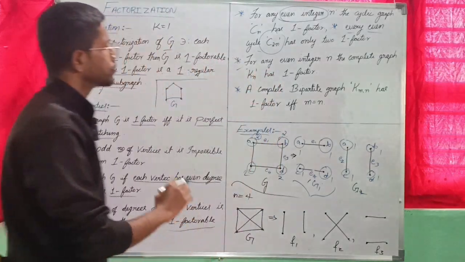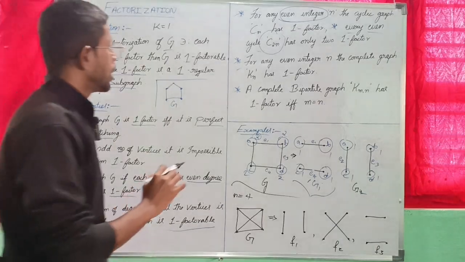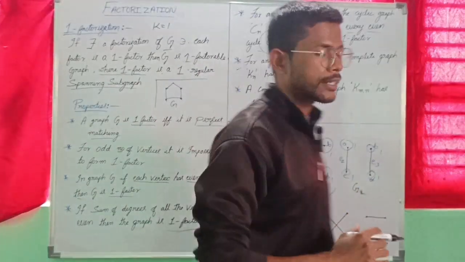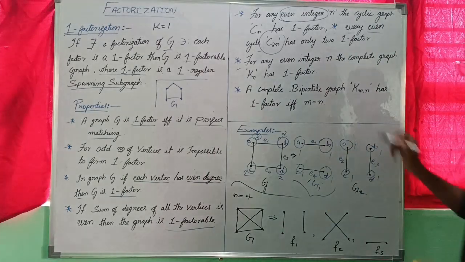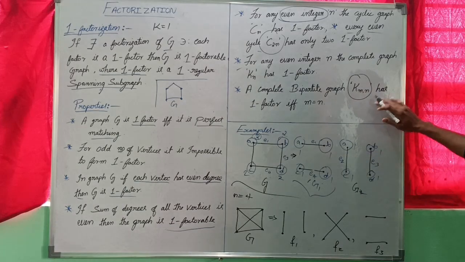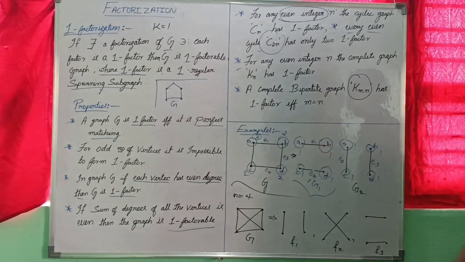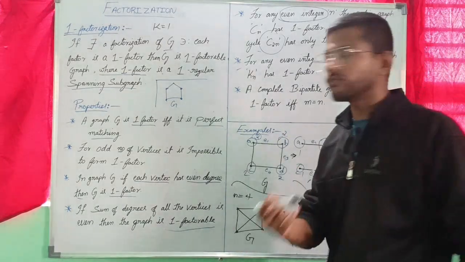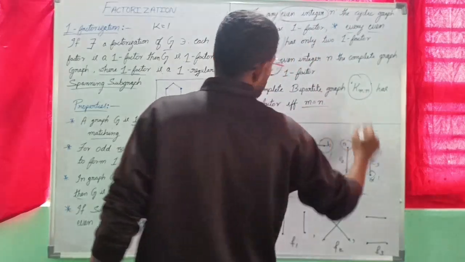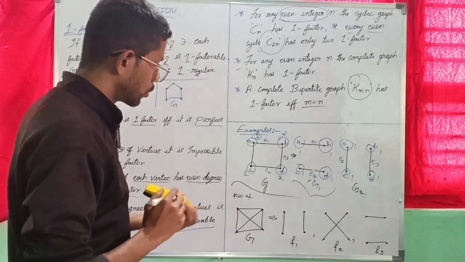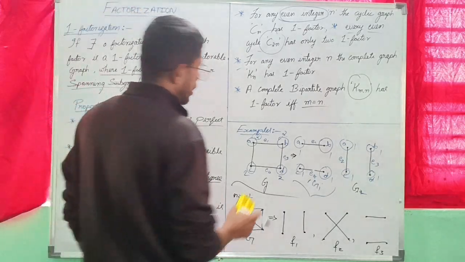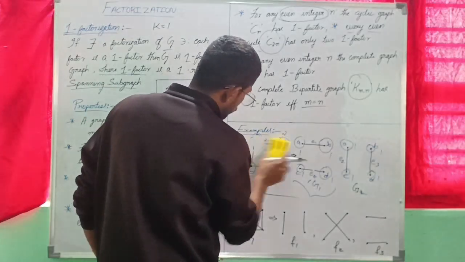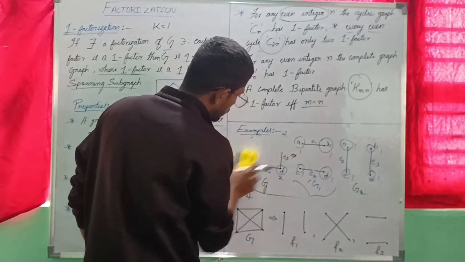Then the last property: a complete bipartite graph Kmn has a one factor if and only if m equals n. If and only if m equals n. Let us draw an example for this. Understand by the example.